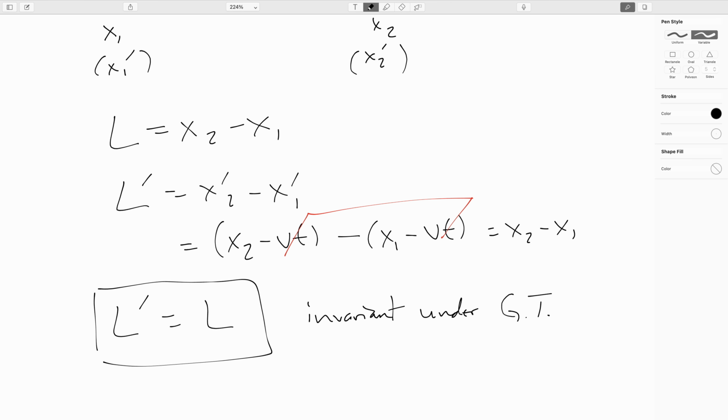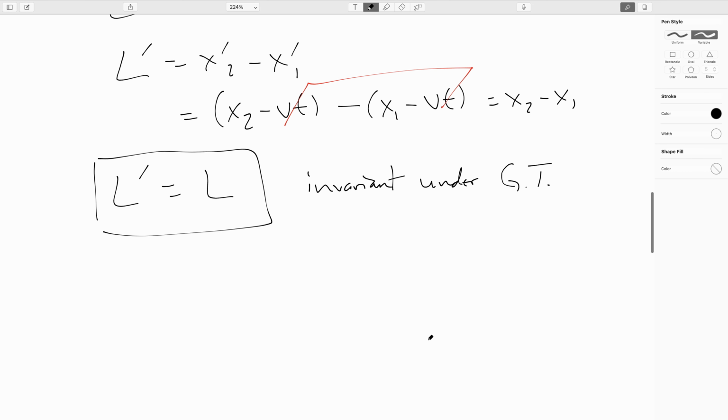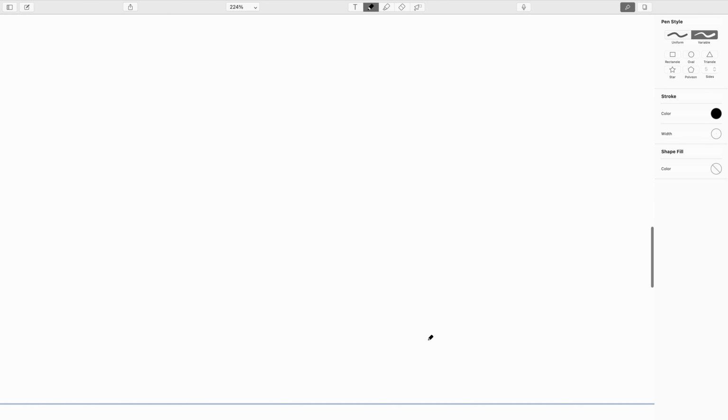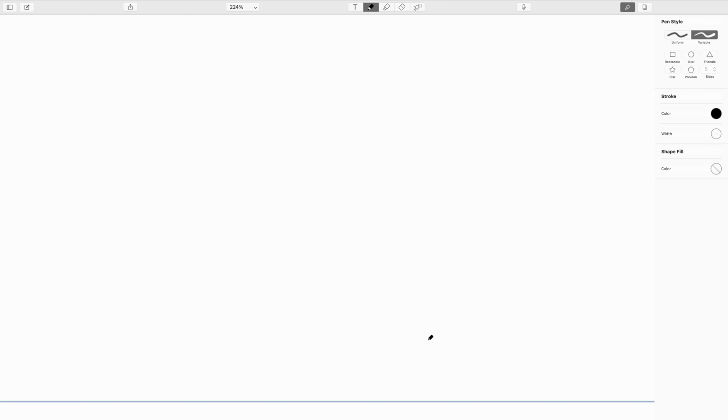So maybe let's just do an example real quick about, say, how we could compare the speeds of things. Where this kind of thing can be really useful, say, in analyzing collisions.